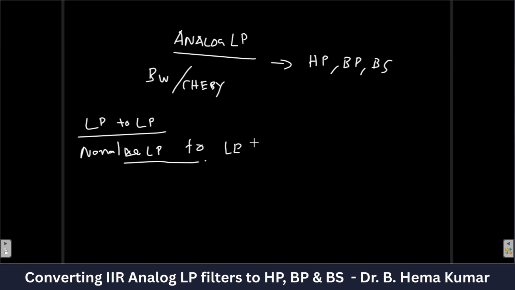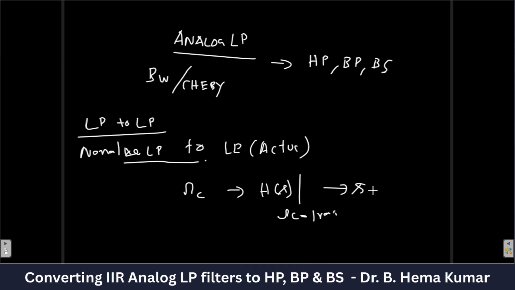For the actual low pass you will find the cutoff frequency, and after finding your normalized analog transfer function H(s), which has omega c equal to 1 radian per second, in that original transfer function we'll replace wherever we have s with s by omega c. This we have already seen.